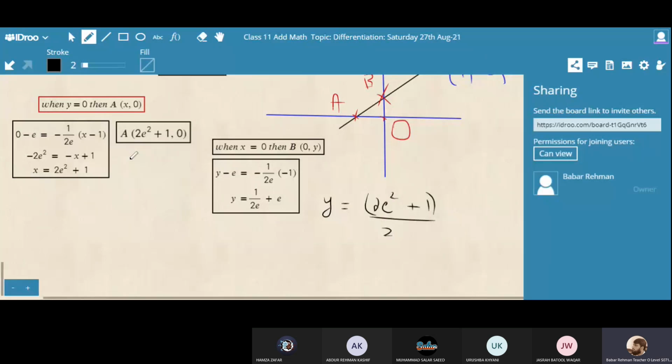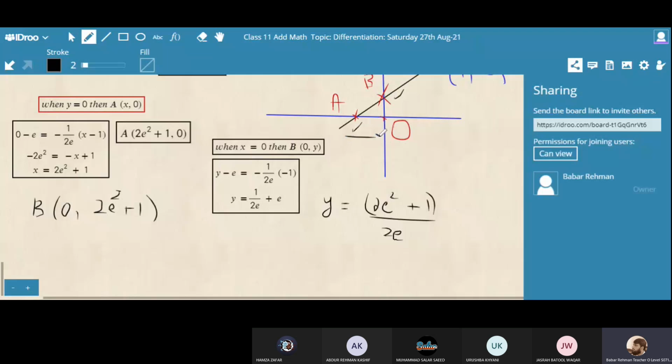These are the coordinates of A, and the coordinates of B are 0 comma, with 2e in the denominator, 2e square plus 1. Okay, now student, this is B and this is A.